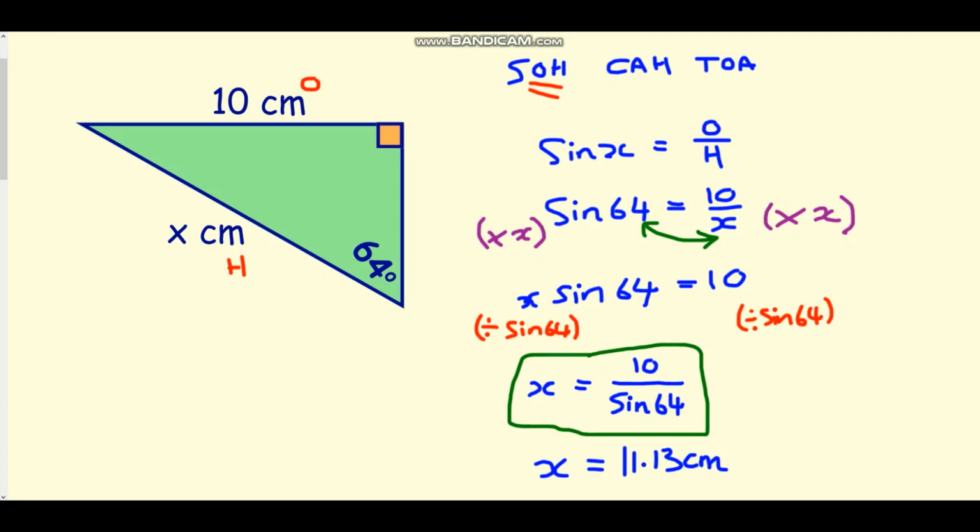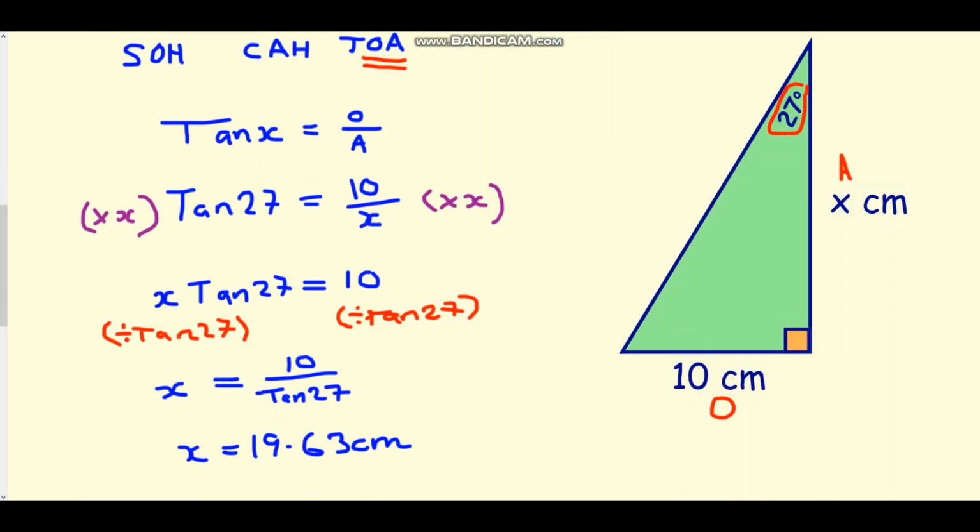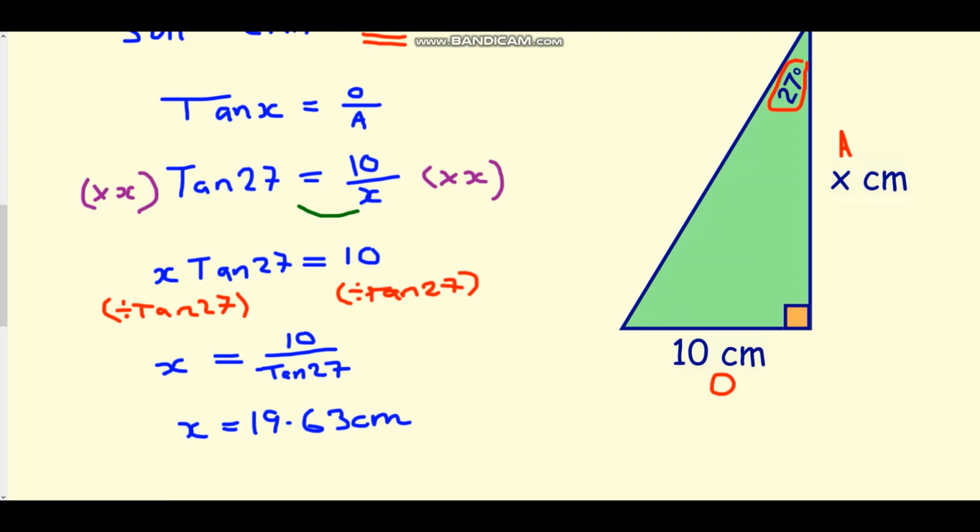If you swap the x in the sine 64's position, you can miss out that line of working in between. Again, it happens the same way here. If I swap that x in the tan 27 around in my equation, I immediately get this situation here. Okay, so that might speed you up a little bit with questions 2 and 3.